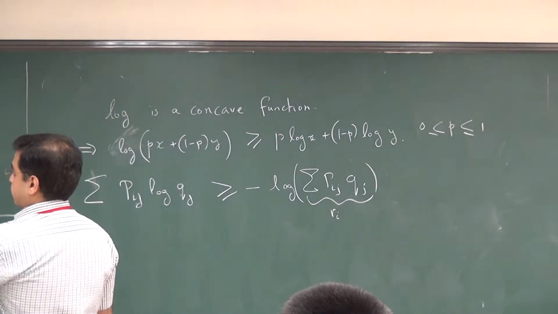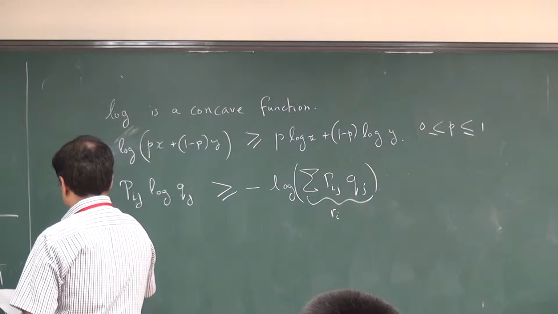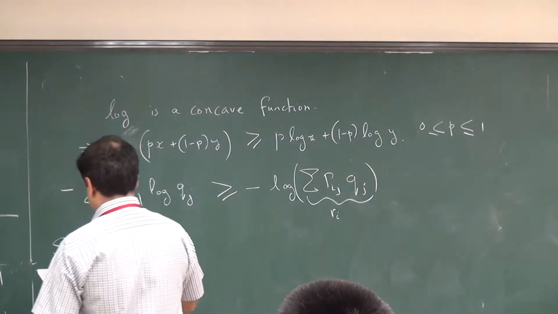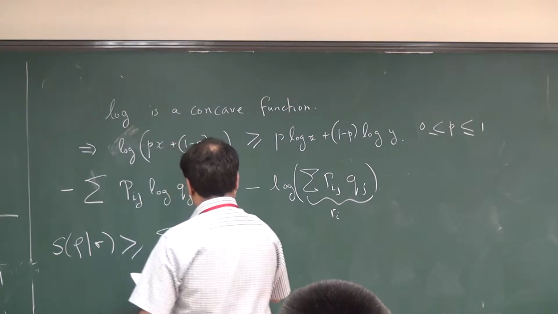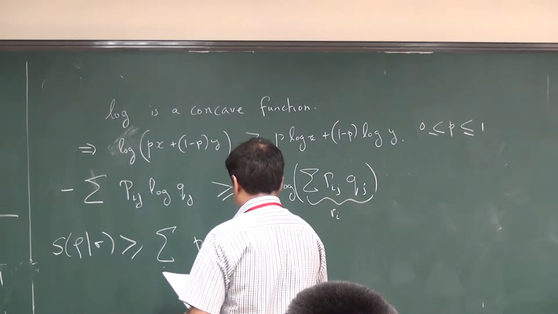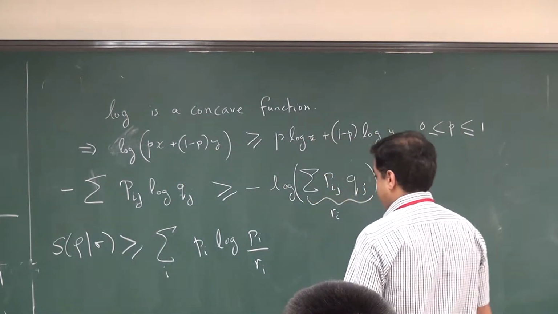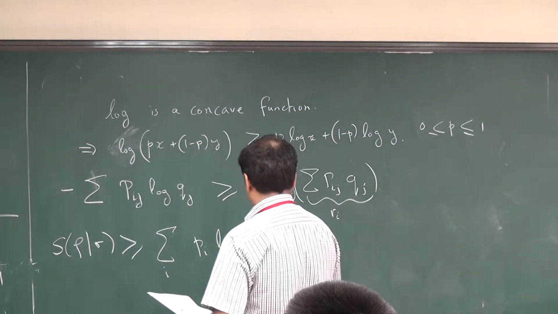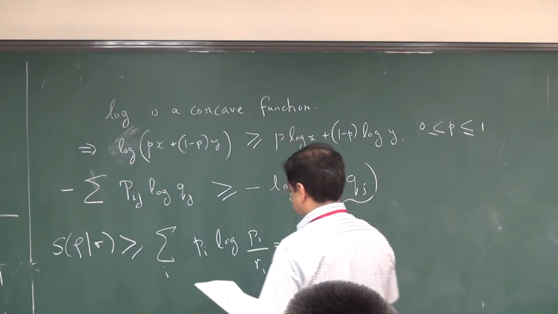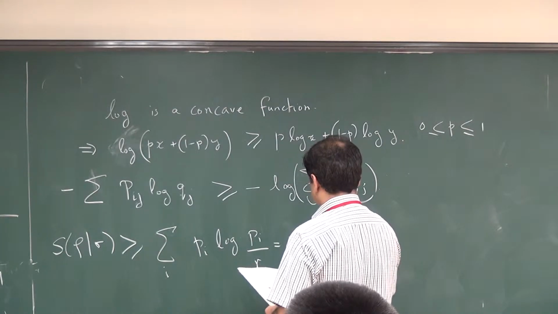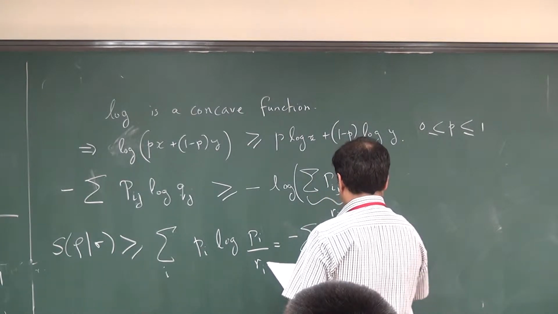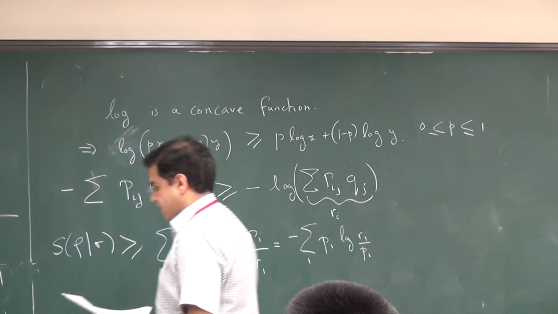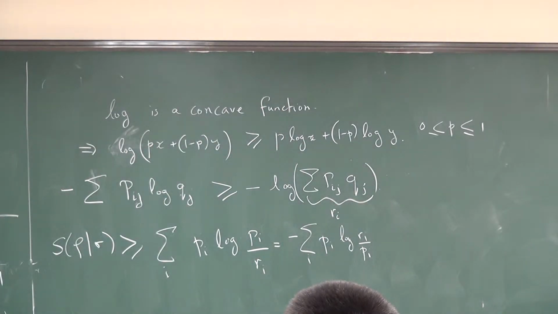So then what I get is S(rho||sigma) is greater than or equal to summation over i p_i log p_i divided by r_i. And let's write the right hand side of this inequality as minus summation over i p_i log r_i by p_i. Okay. So it's greater than or equal to something.